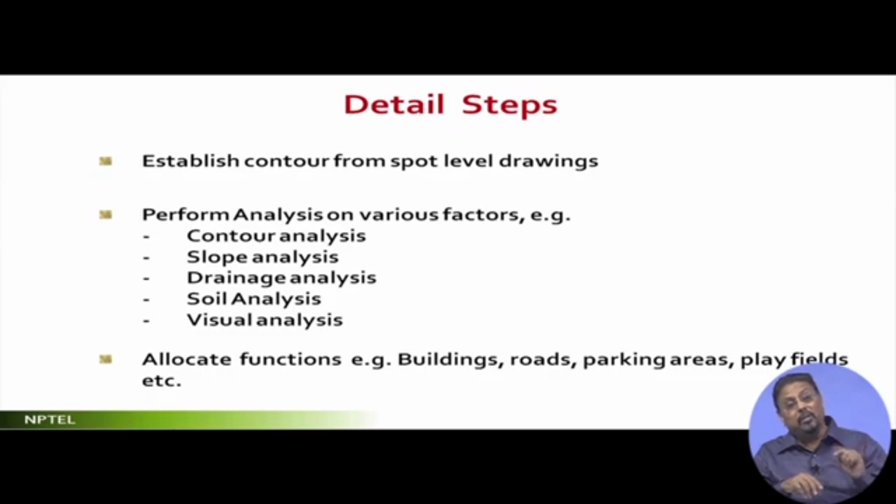So you take a decision about the overhead tank's location as the highest point of your site based on the contour analysis elevations. Now if you find that the highest point also has a very steep slope, then it will be negated. When I mix the contour analysis and the slope analysis, trying to find out where is the position of my overhead tank, then probably the highest elevation where the slope is like this doesn't work.